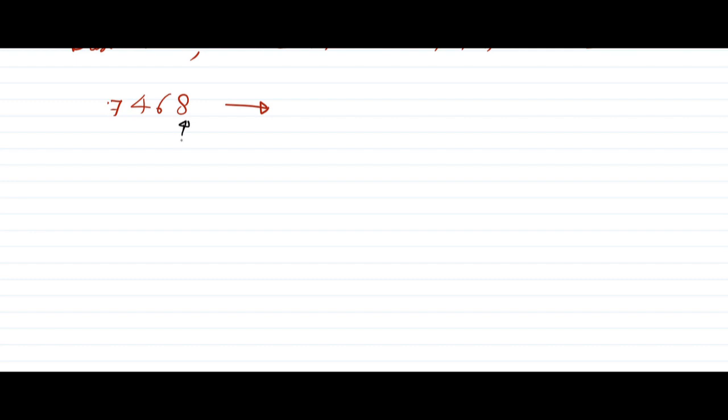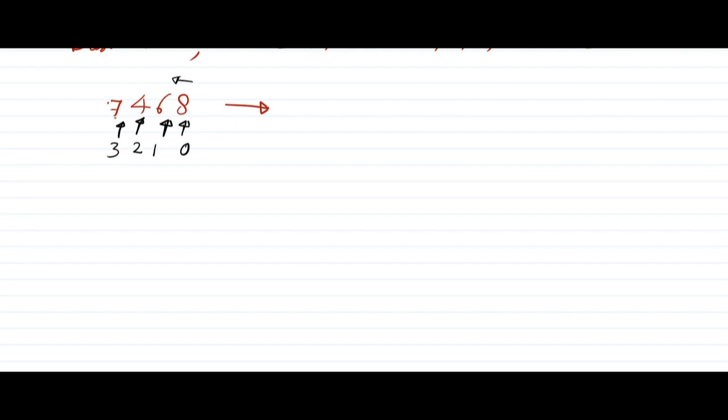This is the unit place, or we call it the zeroth place, then the 1st place, 2nd place, and 3rd place. The places start from the right and move to the left. So 8 is at the 0th place, 6 is at the 1st place, 4 is at the 2nd place, and 7 is at the 3rd place.